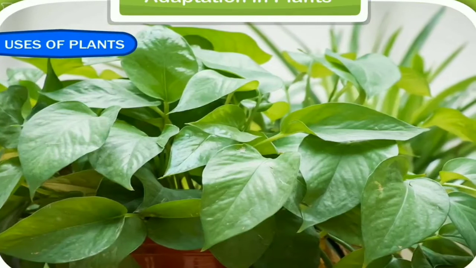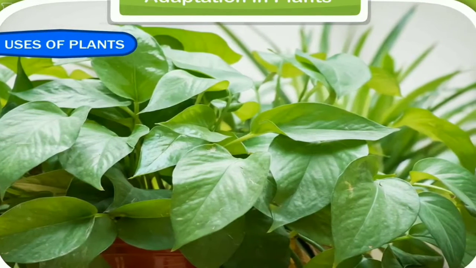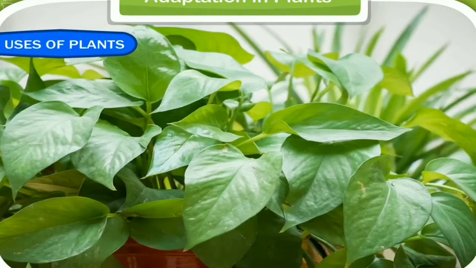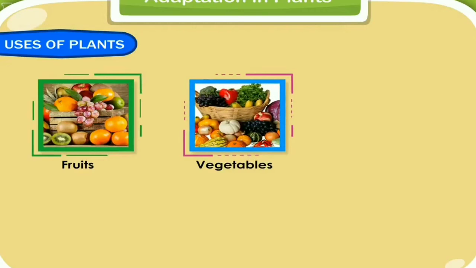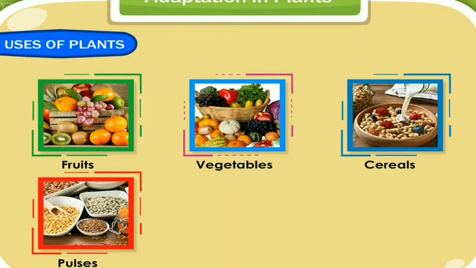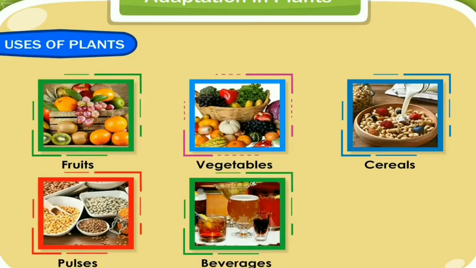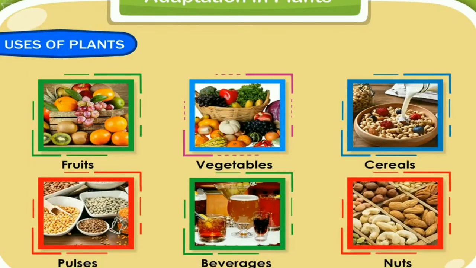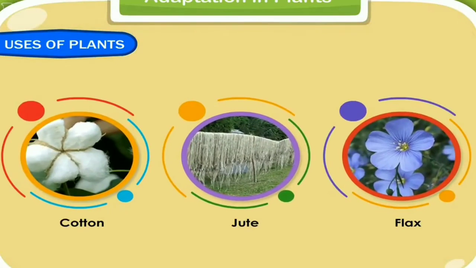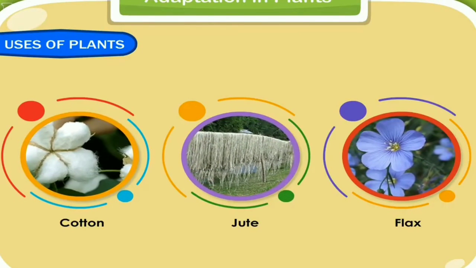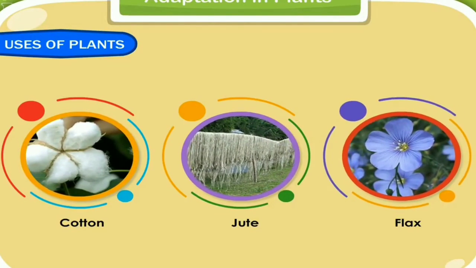Uses of plants. We know that plants are very useful for us. Some uses of the plants are listed below. Plants provide us food such as fruits, vegetables, cereals, pulses, beverages, nuts, etc. Medicines are also obtained from plants. We get fibers such as cotton, jute, and flax from plants.